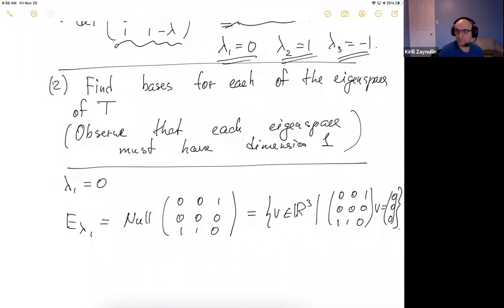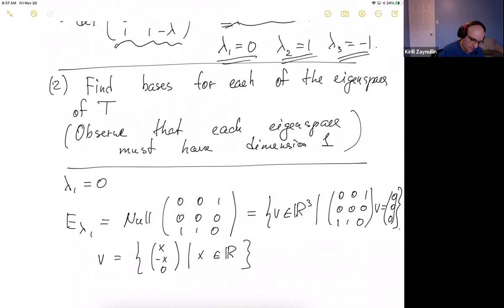One just needs to solve the system of homogeneous equations and write down the general solution. And then one will see that the solution is always of this form. Say you need some parameter. I don't want to use t, so let me use x: x, minus x, 0, where x is from R. That's the general solution of that homogeneous system.